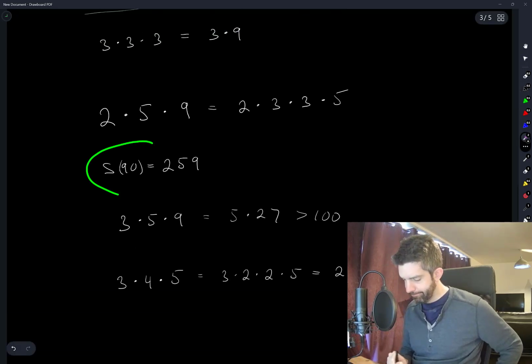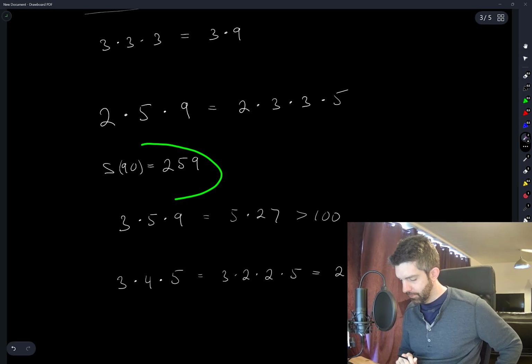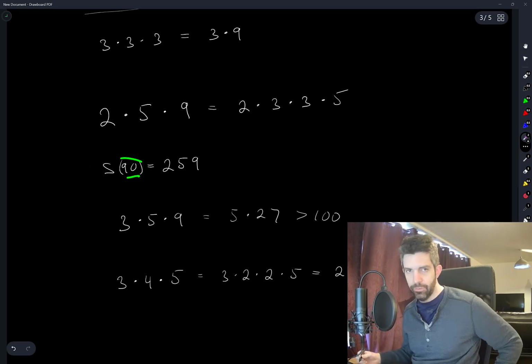I'm somewhat tempted to say that this is the answer. So 90 is the number less than 100 which gives us the maximum result of S of x.